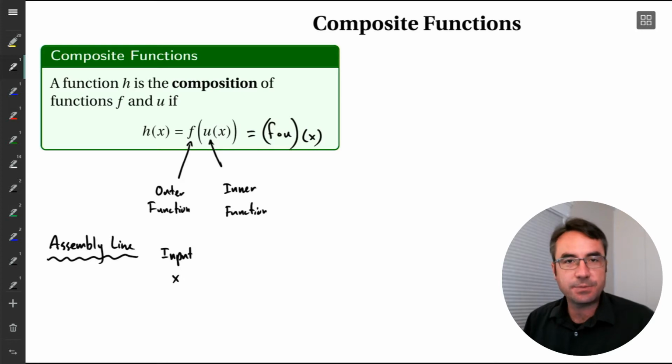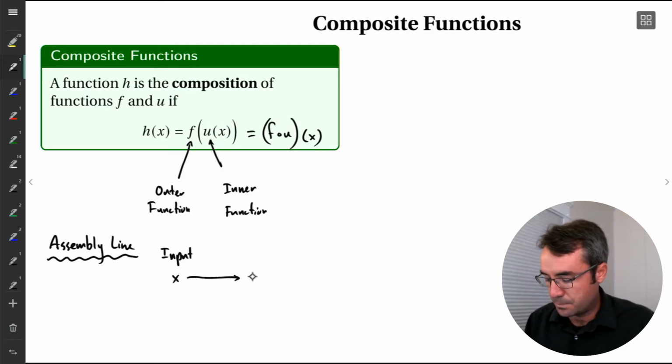So as we take this raw material x, we put it through the assembly line. The first thing that happens to it is it goes through this function u. So it goes into our inner function u.